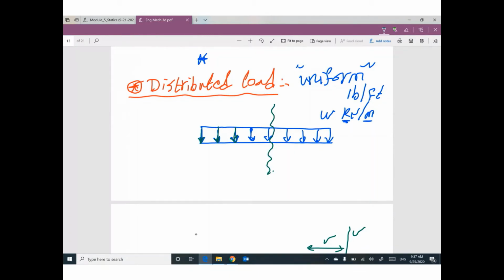So this distance will be L divided by 2, and this distance will be L divided by 2. The location of the equivalent value will be at the middle. How much will this value be? This value will be the uniform load value W times the total distance L.